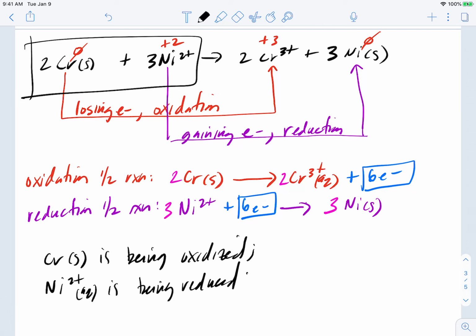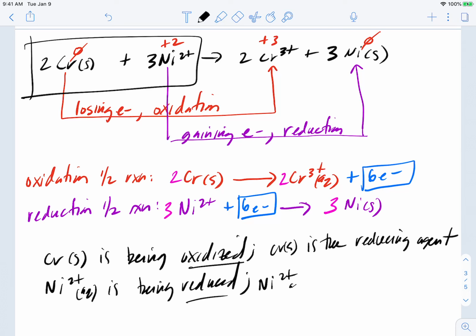We can also talk about them as an agent. So we can say that Cr solid is the reducing agent, and nickel 2+ aqueous is the oxidizing agent.